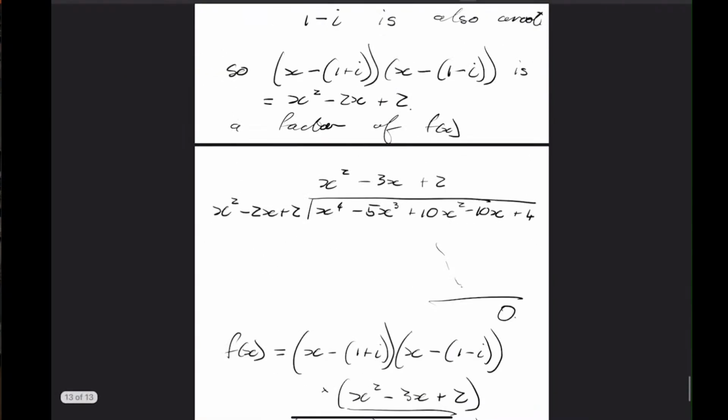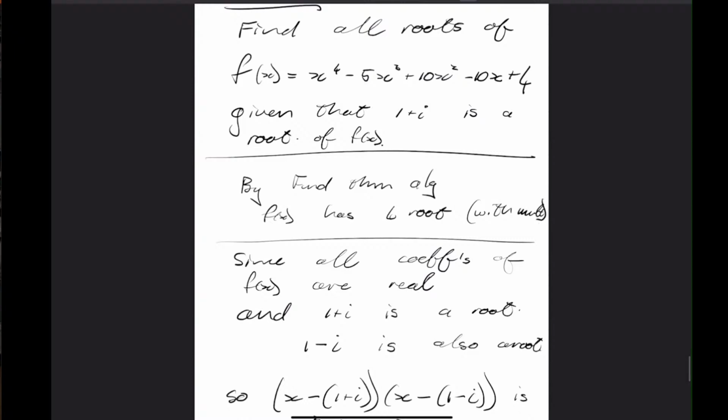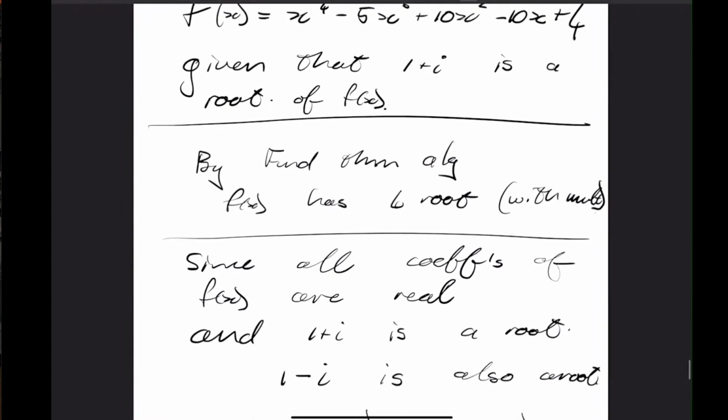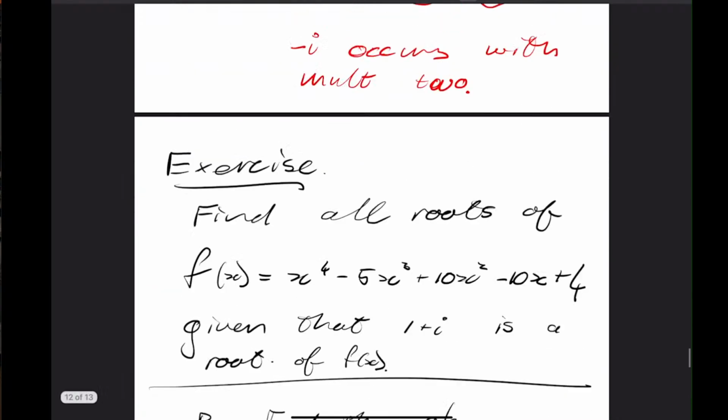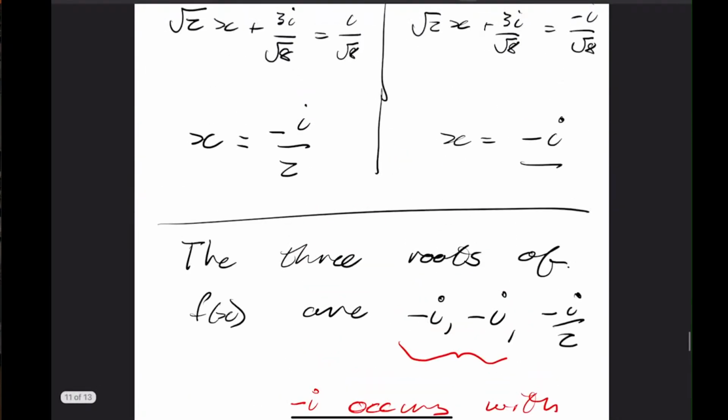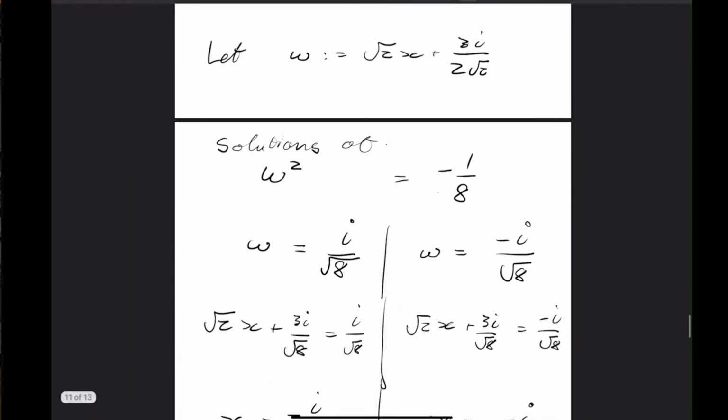Okay, so now we've discussed a whole bunch of examples in finding all the roots of polynomials over the complex numbers, and we've discussed some of the strategies to do that.